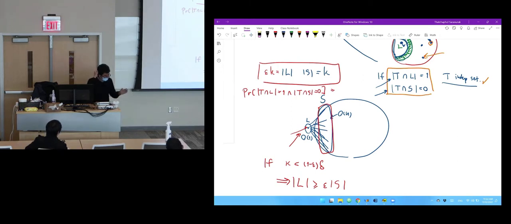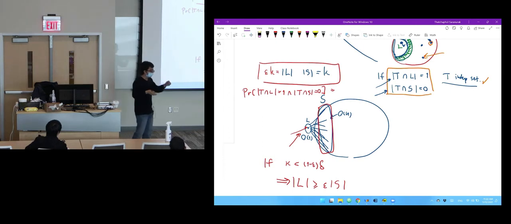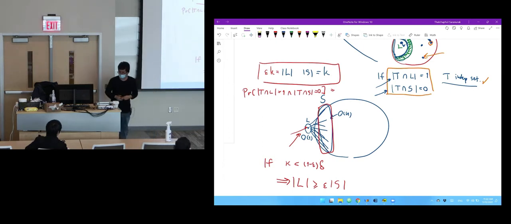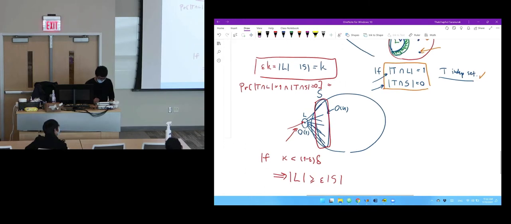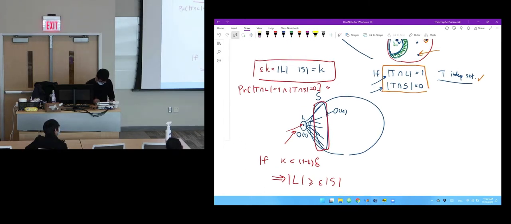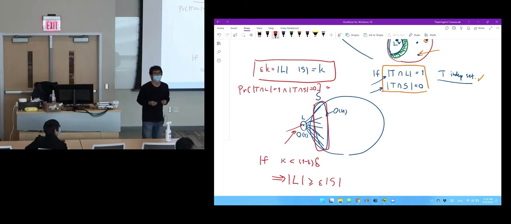I mean, if L is bigger than S anyway, then we will sample with probability like 1 over L. Yeah, right. Good point, but I think you can sample with probability 1 over L plus S. That would do it, yes.